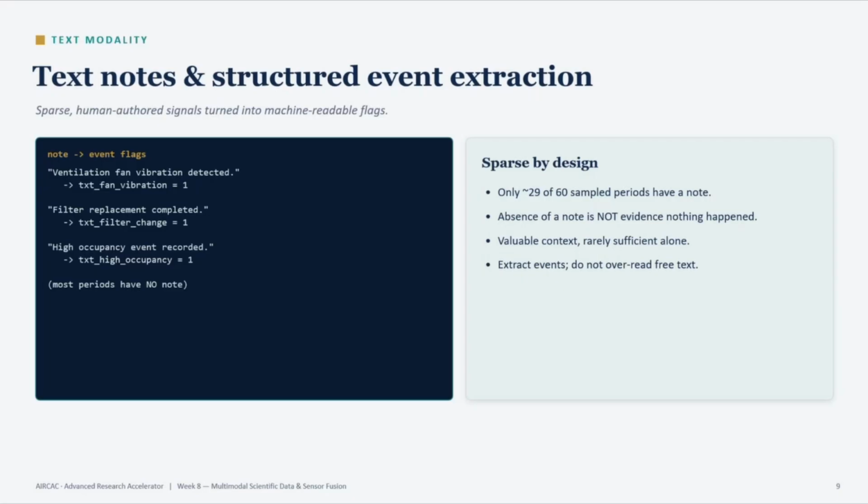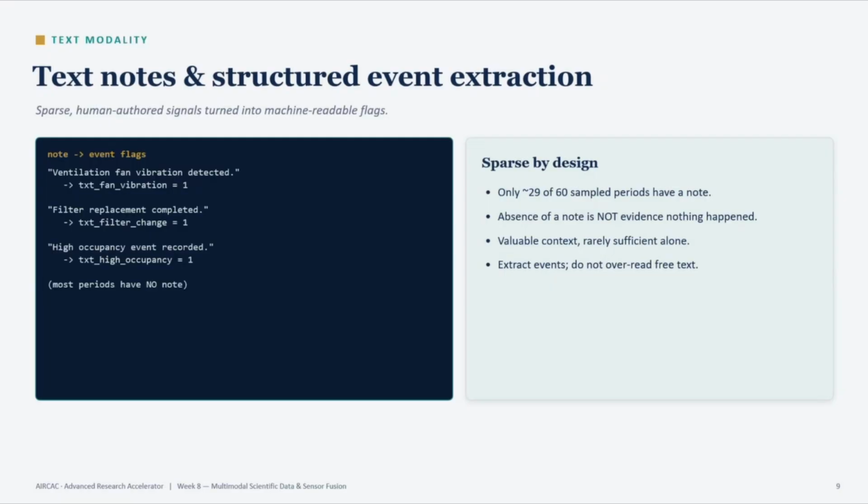But notice something important. Most periods have no maintenance notes. That doesn't mean that nothing happened. It only means that no note was recorded. So text is sparse by design. This is a good example of why missing information has meaning.